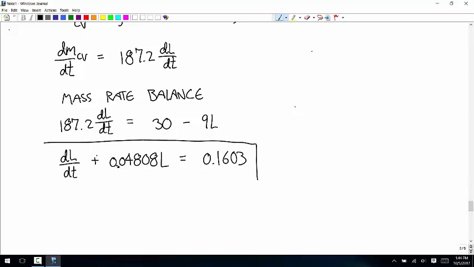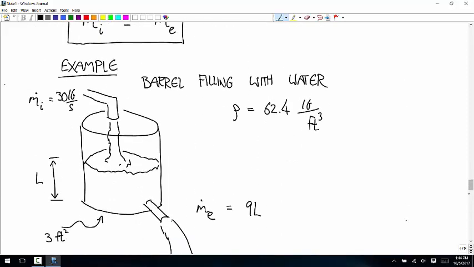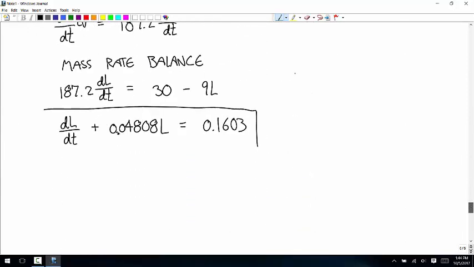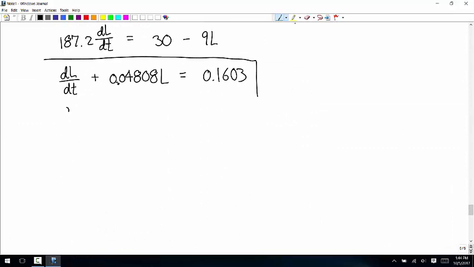It's not a system, and the highest derivative is first order. So we need one boundary condition, and our one boundary condition says that at time equals 0, L is equal to 0.